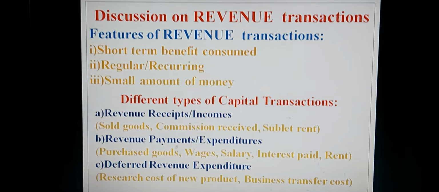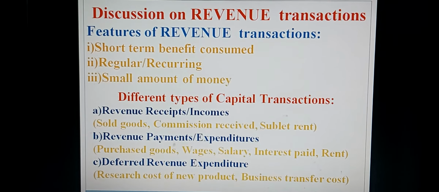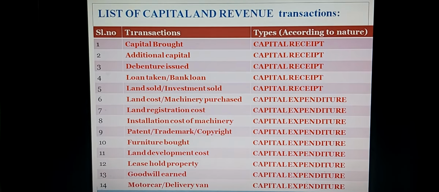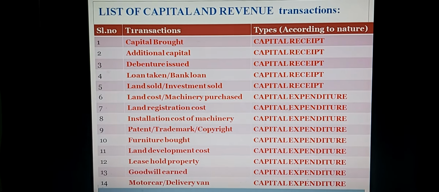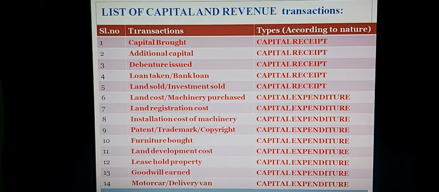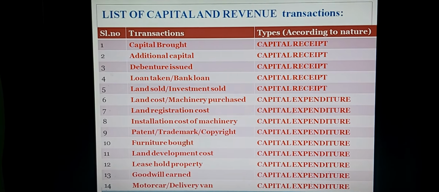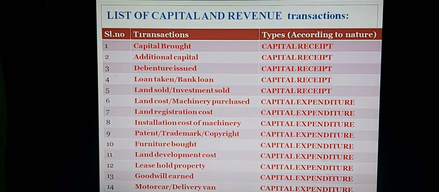Okay, now you can go to the next slide for identifying capital and revenue transactions. How to identify it?